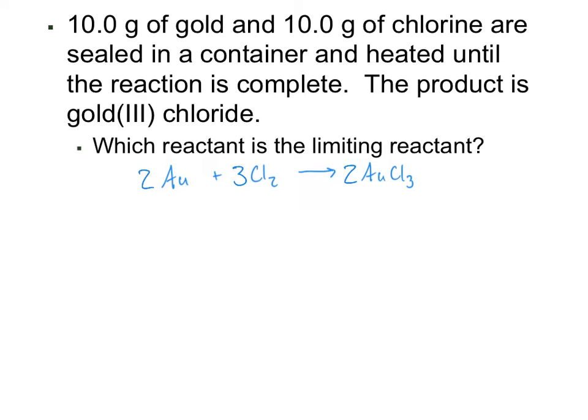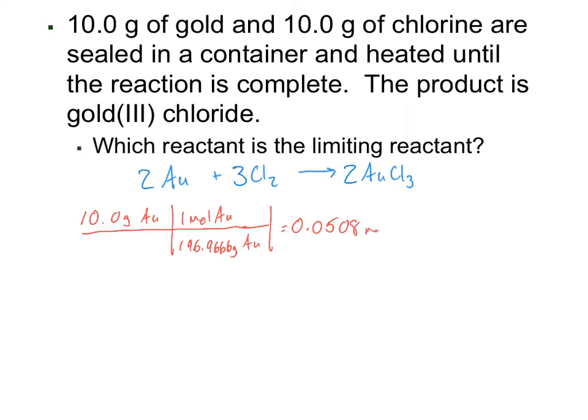Our next step is to convert our given grams of both reactants into moles. So we start with 10.0 grams of gold. We convert that over to moles using our molar mass. And then we do the same for chlorine.